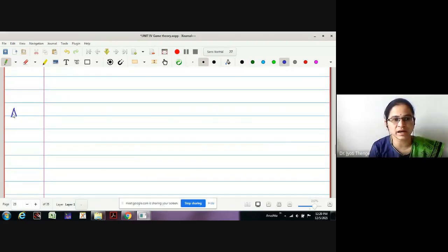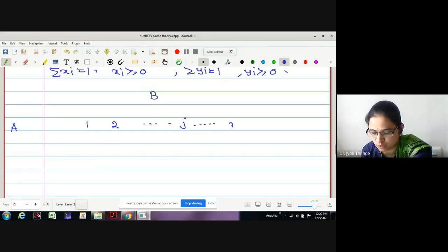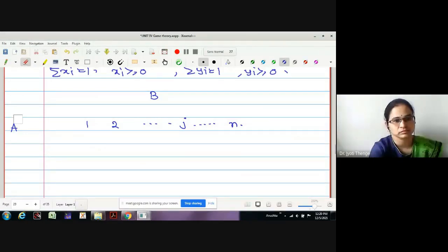Let me write with respect to player A and player B. With respect to player B, if it has 1, 2, dot dot up to some yj, some j activity, to n. Okay.